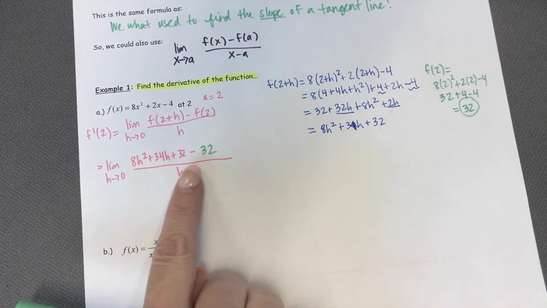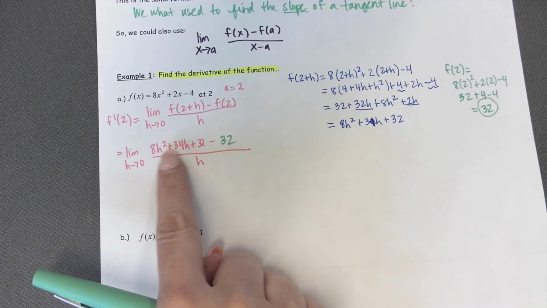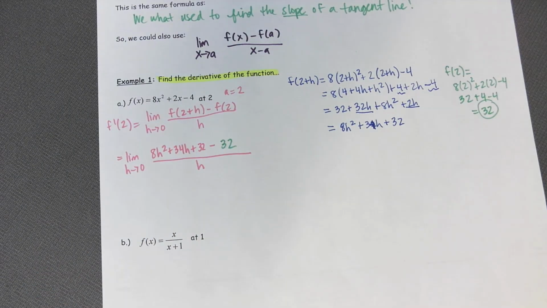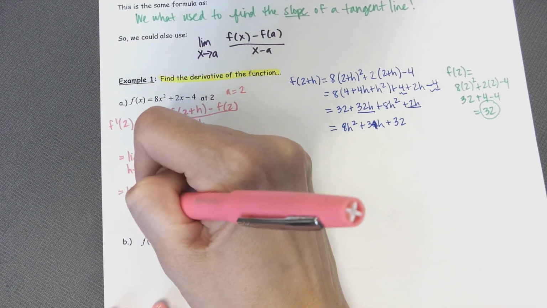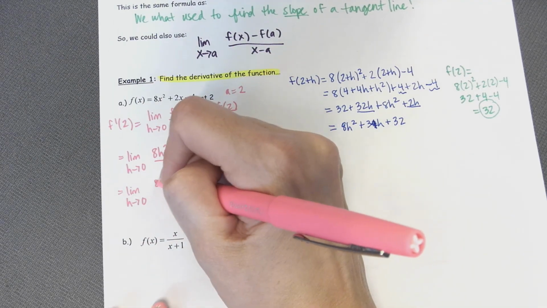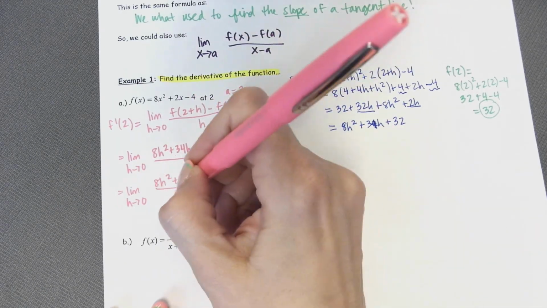You do need to show this step. You have to show what you're plugging in for f of 2. Don't skip any of your steps. Sometimes that's the hardest part, to make sure you're showing what you've got to show. And then we're dividing by h.